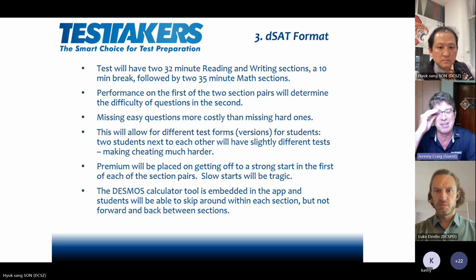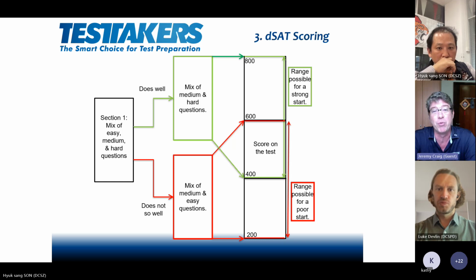The other thing we're finding is that scoring is a little bit of a black box right now. We don't really know how it works because College Board isn't releasing any data. But if a student misses 1 or 2 easy math questions, they might score a 750. Whereas on the same test, if you miss 1 or 2 of the most difficult math questions, you might score a 790 or even a perfect 800.